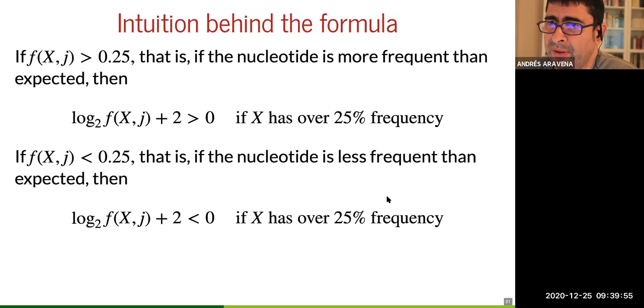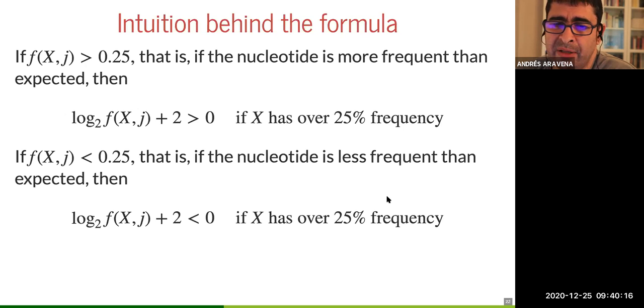That is the relation of the number 2. What we are doing is comparing with 25%. So the assumption that we are making here is that in general, all nucleotides appear 25%.